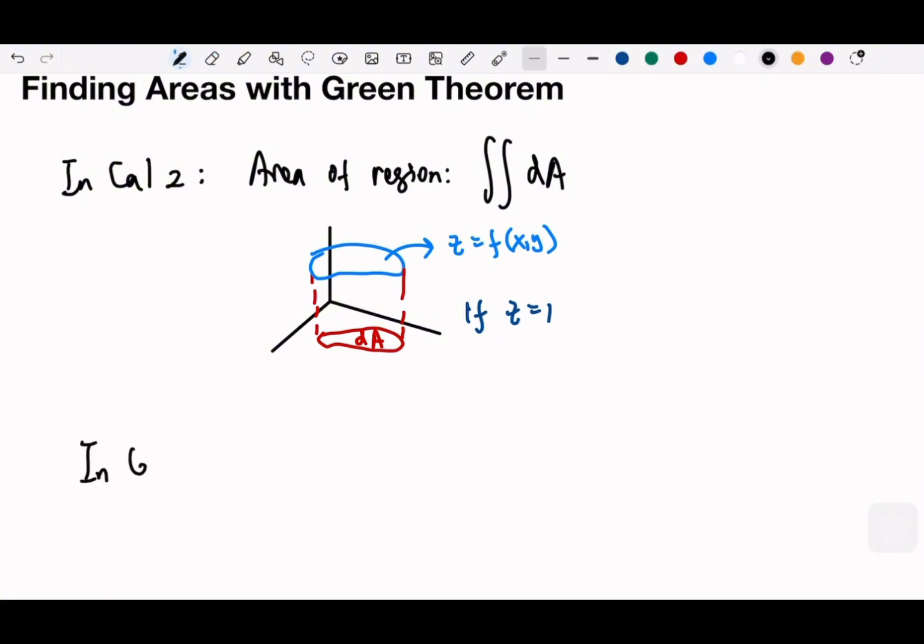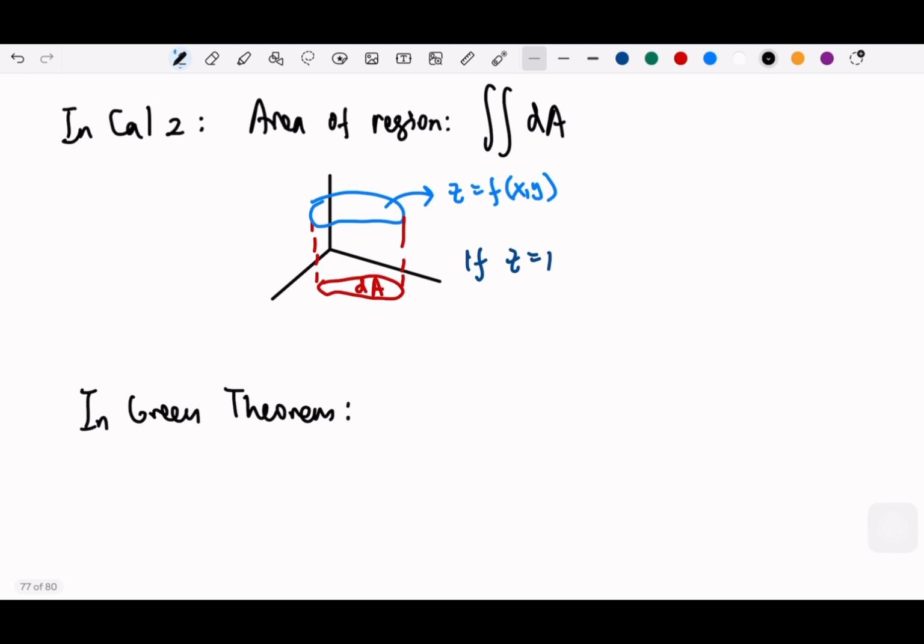In Green's theorem, we are going to apply that this difference between the Q partial x and P partial y will be equal to 1.